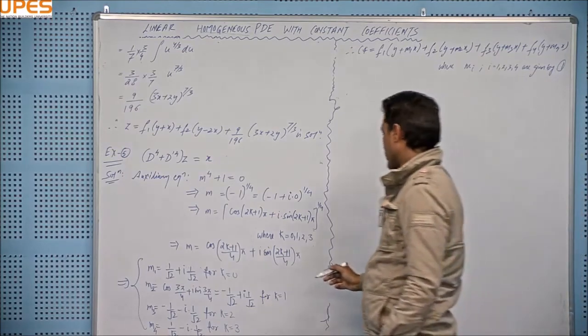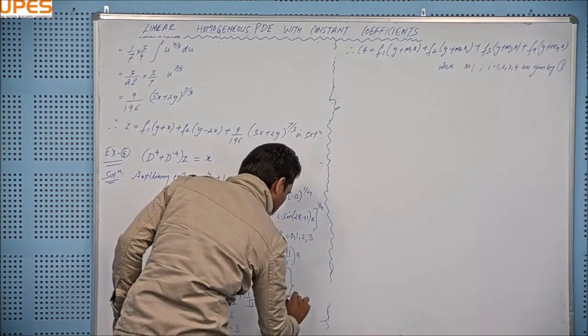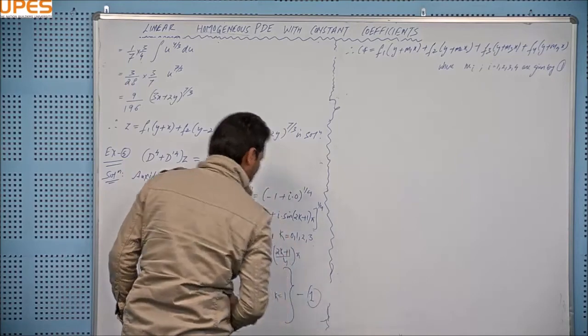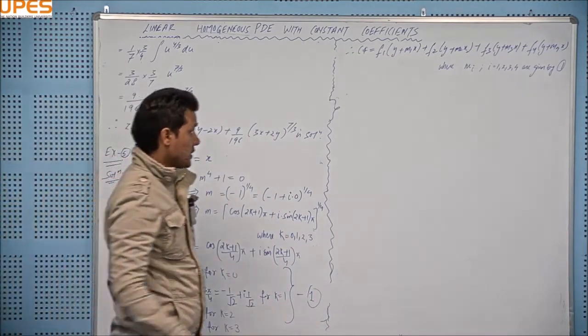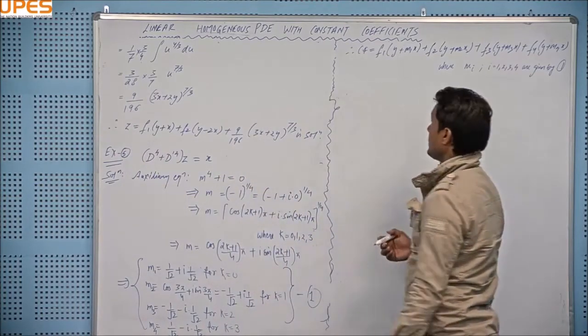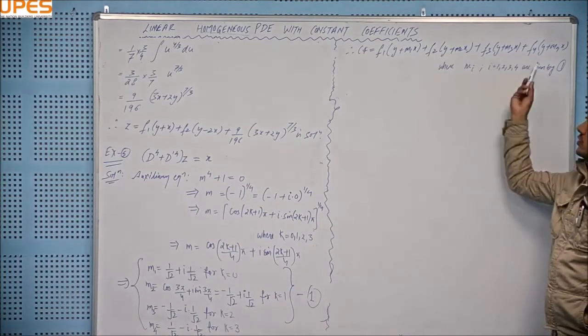Let me call it 1. Right. Okay. So m1, m2, m3, m4 will be taken from here, and this is a complementary function containing 4 arbitrary functions.